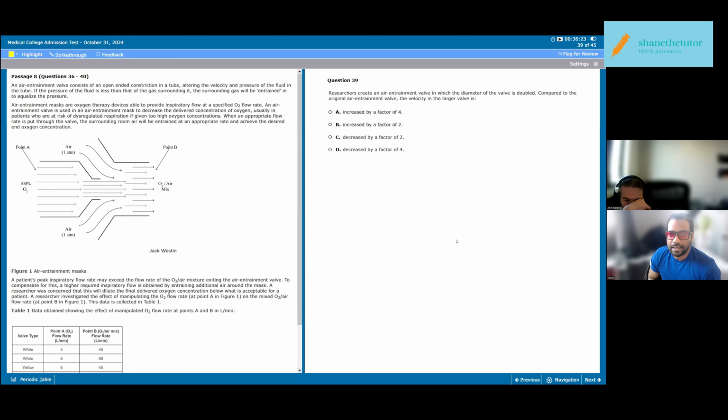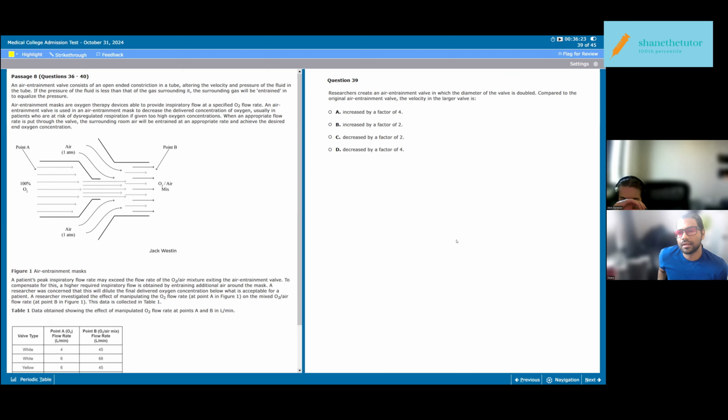So, researchers create an air entrainment valve in which the diameter of the valve is doubled. I have a feeling I know what you may have chosen here, but tell me what you're doing. So here the relationship is AV equals AV, diameter is doubled.